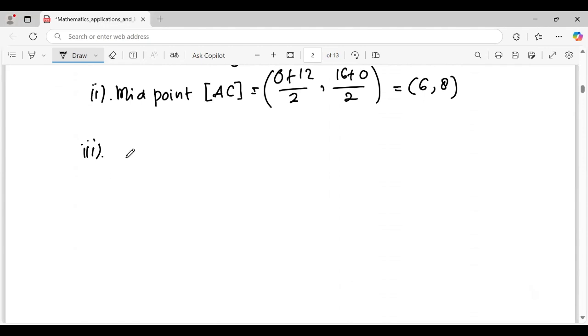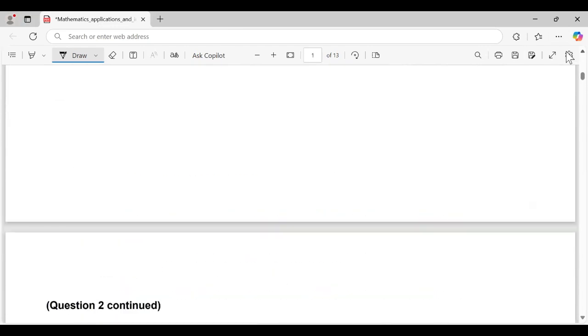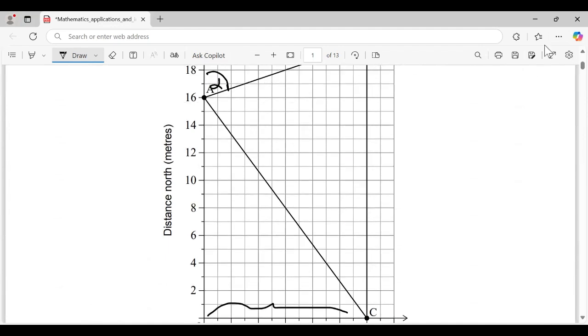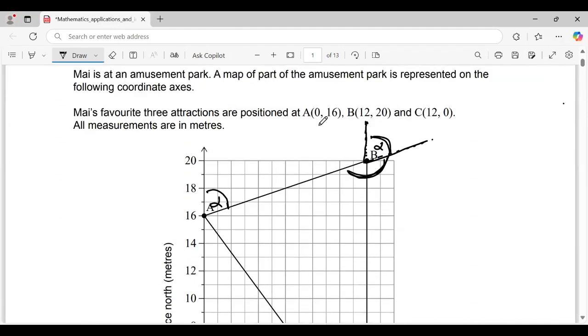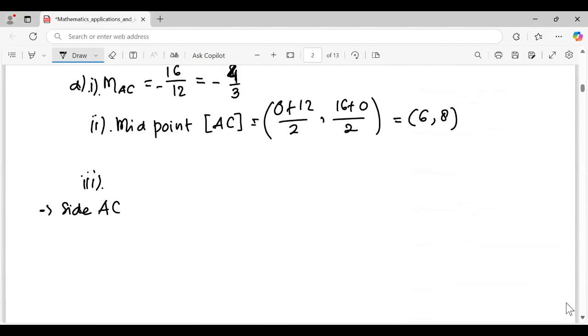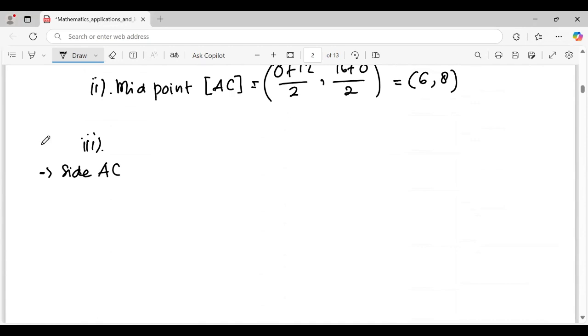Okay, so I would like to start with side AC. A is 0, comma 16, and C is 12, comma 0. Firstly, you need to find the gradient which is perpendicular to AC.